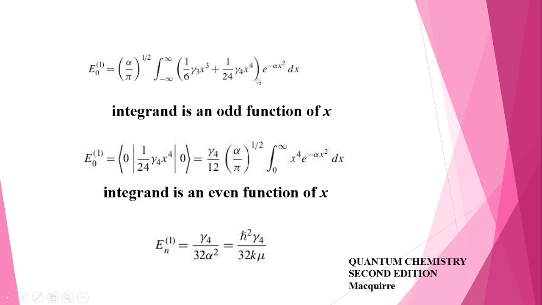You solve it for the wave function and end up with two terms: first 1/6 γx³ plus 1/24 γ₄x⁴. If you solve for the first term, it is an odd function and you end up with a 0 value. If you solve for the second term, there will be some finite value, which is like γ₄ times 3/(4α²).